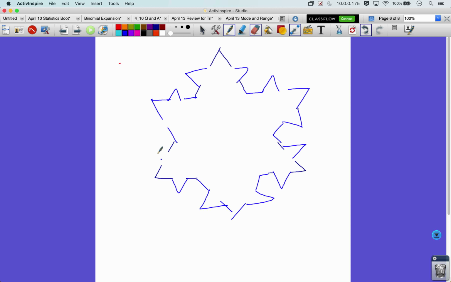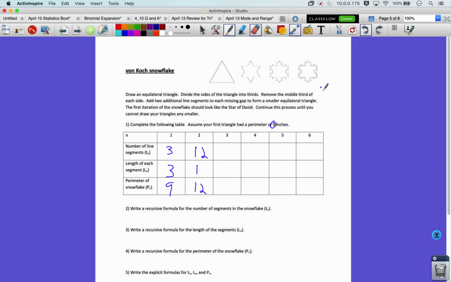Erase that middle third and add in this little triangle. And we actually have a pretty good picture of what that would look like up here as this keeps going. Eventually this just gets almost really fuzzy on the outside as you have all those tiny, microscopic little triangles zigging their way around this snowflake.